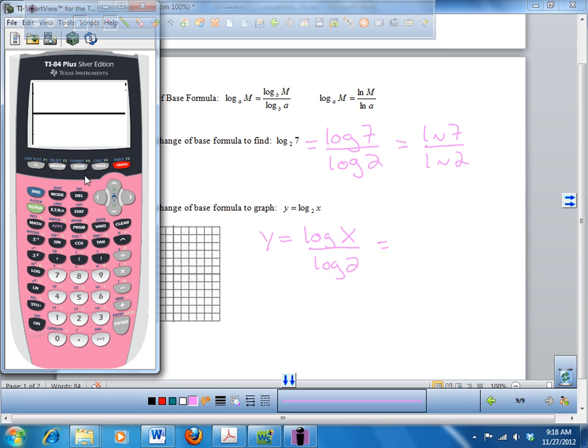So I'm just going to hit zoom 6, which is just a normal viewing window, and there you go. Good. And then you can answer various questions.